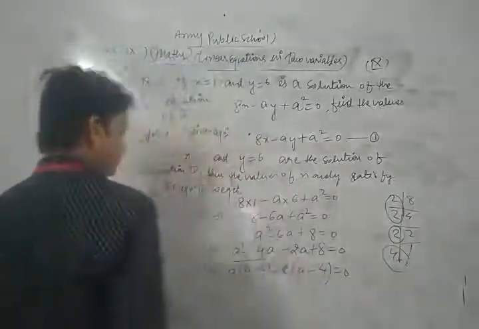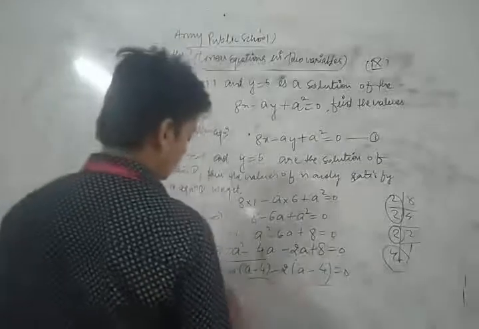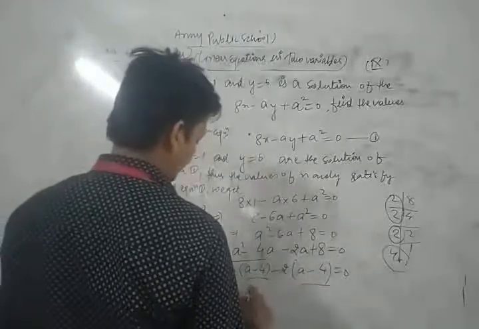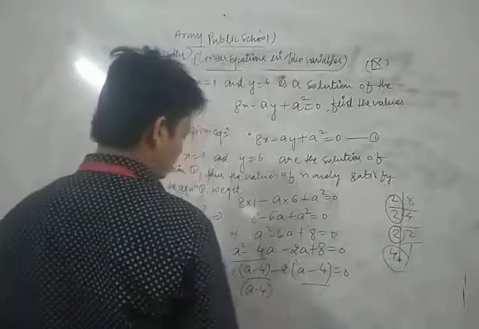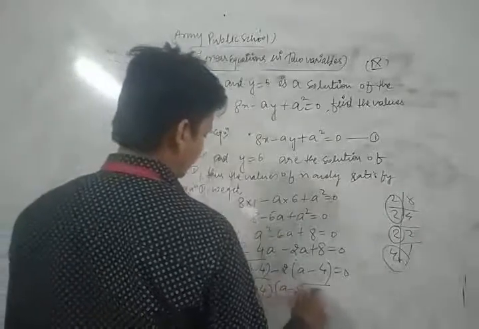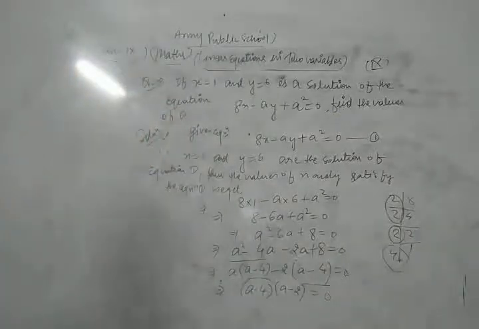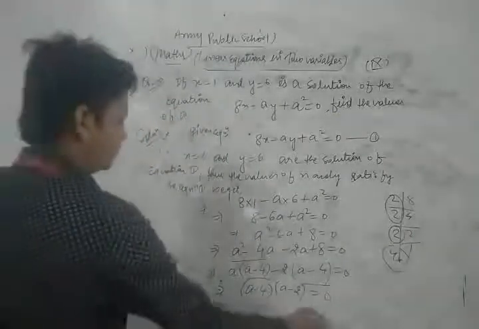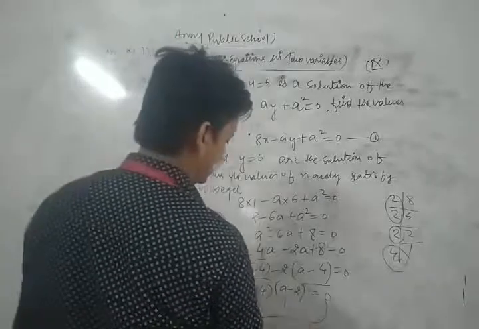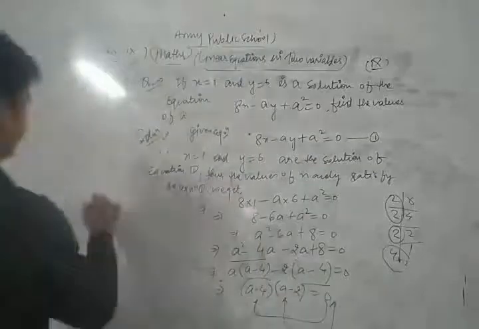Now we take a minus 4 as common in one bracket, and a minus 2 is left in another bracket, equal to 0. Now we take each factor equal to 0.